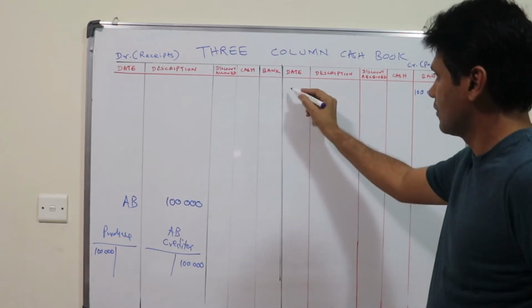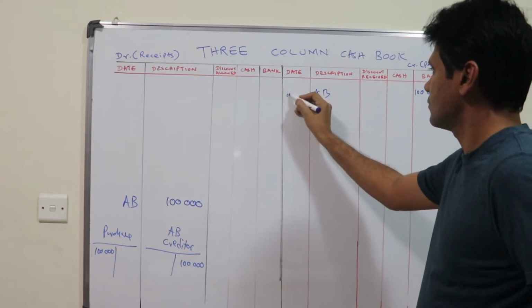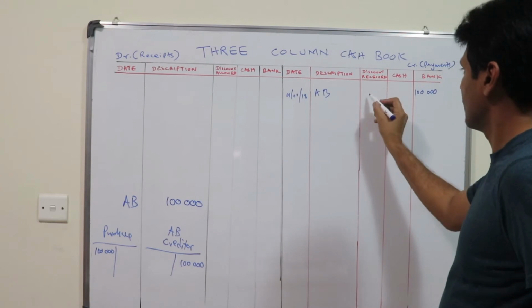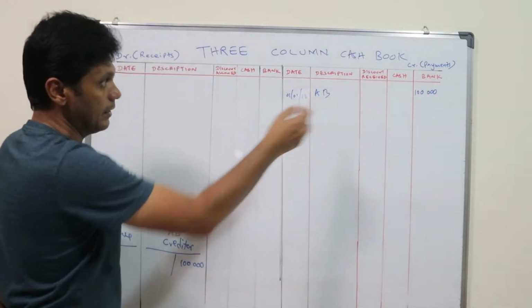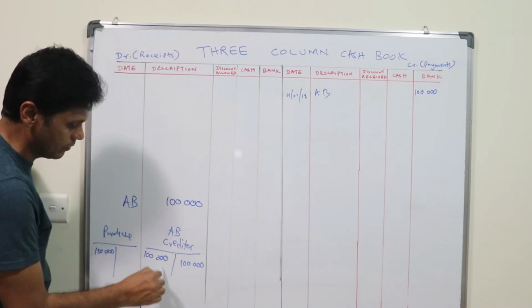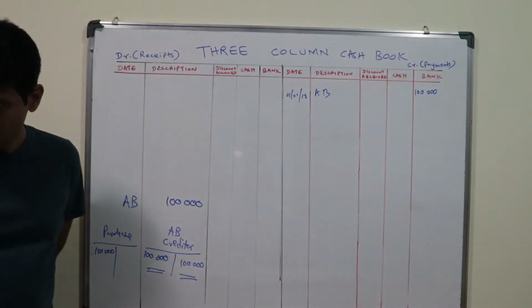You can put the date and the description, AB, 1st January 2018. You are settling 100,000, so credit the bank account and debit the supplier's account. Thereby you are fully settling the amount.